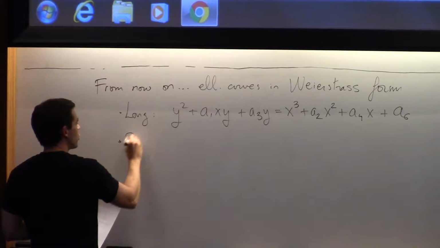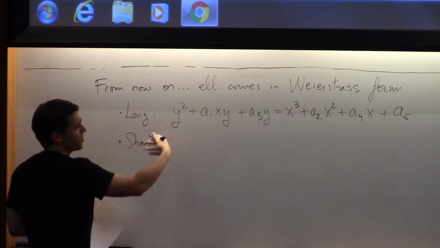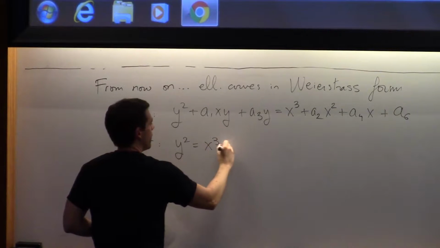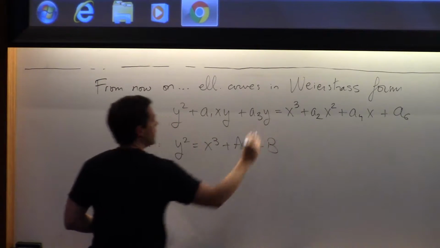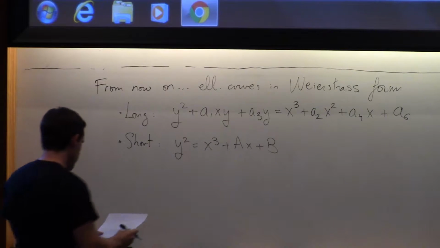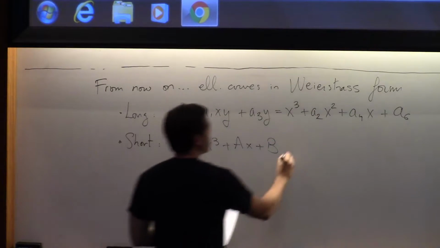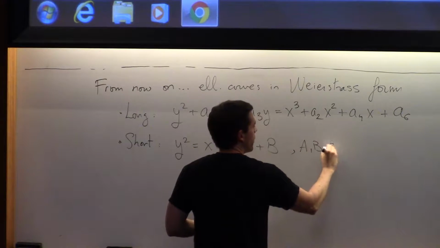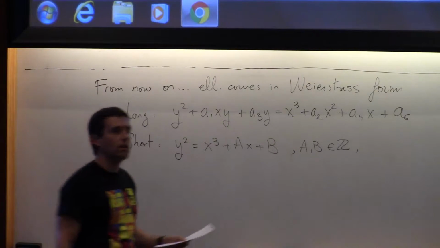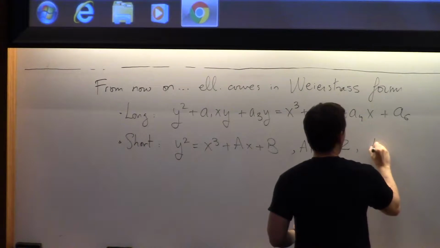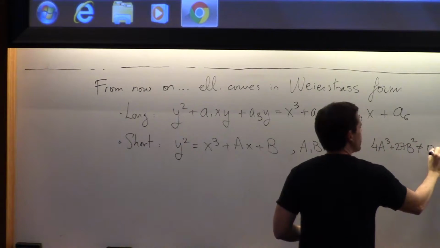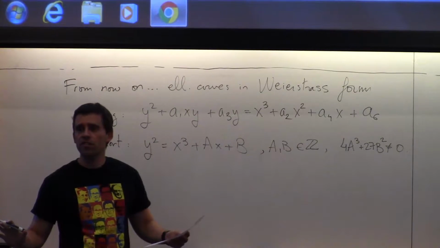And the short Weierstrass form, you can bring these to even shorter, and you can bring them all to have just integer coefficients, okay? In this particular case, we can bring it to a, b integers, and as I said at the very beginning, you can arrange it so that 4a cubed plus 27b squared is not 0, and that just takes care of the singularities.